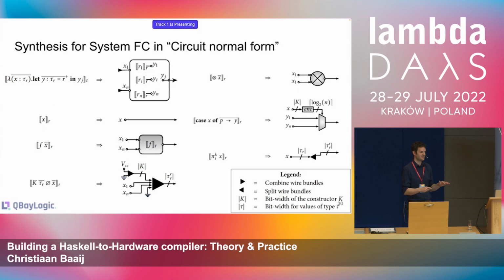And we've already seen in the counter example that we can translate case expressions to this multiplexer, right? This basic circuit that can select between alternatives. So once we have our mini Haskell in this very reduced shape, then it's trivial to translate to circuits.